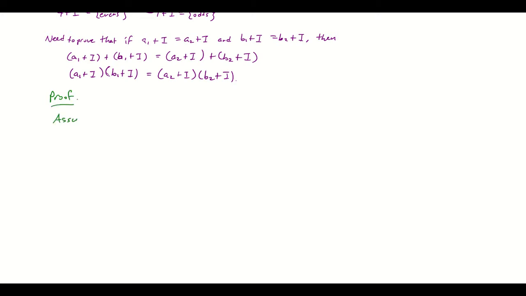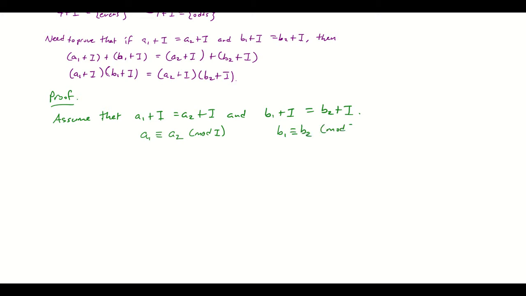So let's assume that a1 plus I is equal to a2 plus I, and b1 plus I is equal to b2 plus I. Okay, so what does that mean? Well, I'm going to restate this in terms of congruence. So this means that a1 is congruent to a2 mod I, and b1 is congruent to b2 mod I. All right, and then let's state that in terms of what congruence means.